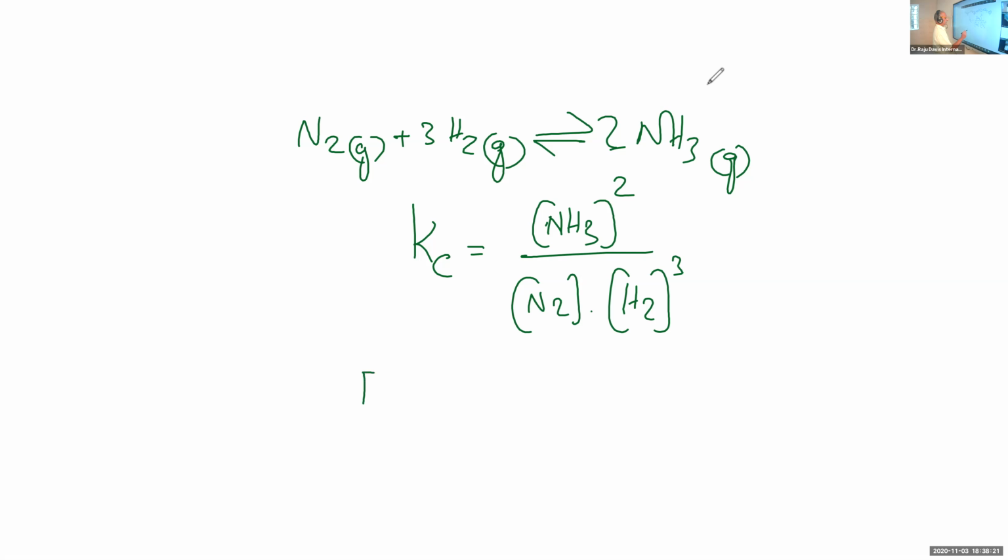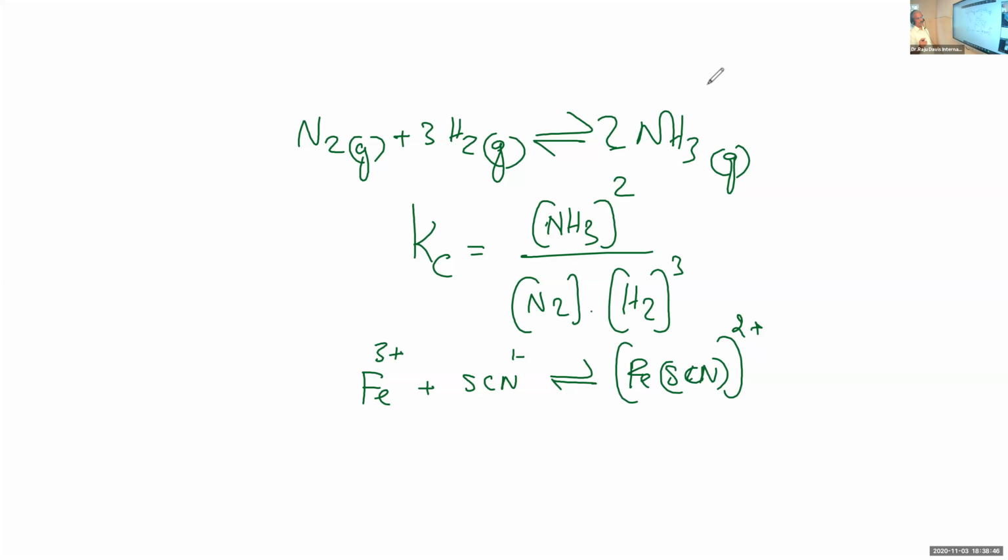Say Fe3+ (ferric ion) plus SCN- reversibly giving FeSCN2+. Here you are given an ionic equation.